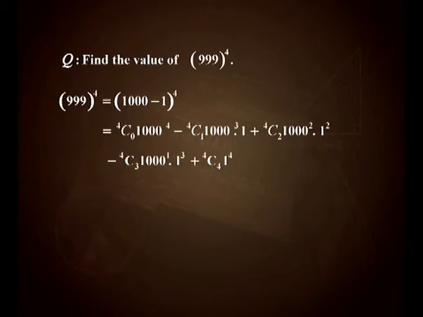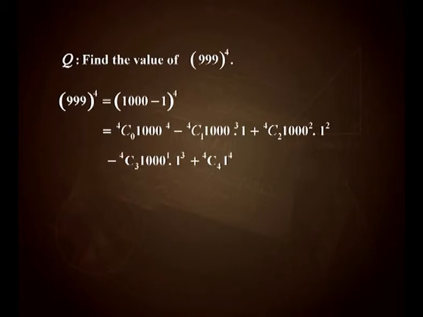Rewriting 999 to the power 4 as 1000 minus 1 whole raised to power 4 and applying binomial theorem, I get 5 terms where I can see that the first term of course is 4c0 1000 raised to power 4 minus 4c1 1000 raised to power 3 times 1 plus 4c2 1000 raised to power 2 into 1 squared minus 4c3 1000 raised to power 1 into 1 cubed plus 4c4 1 to the power 4.